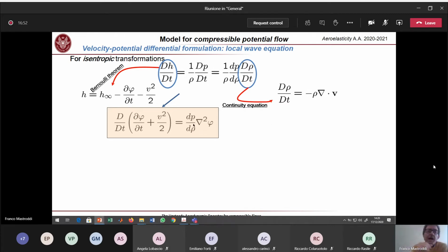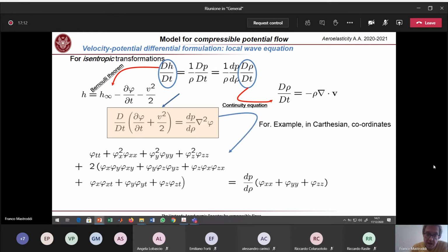We are very, very close to have a final unique equation in the velocity potential, but we have not at the moment all the equation in terms of velocity potential because we have a dp on the rho to be clarified.